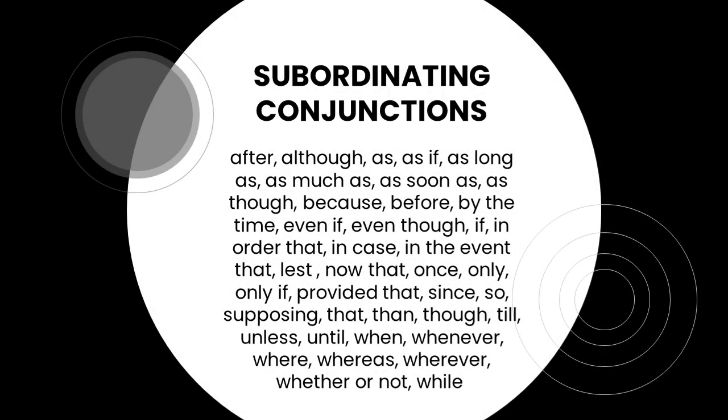And the subordinating conjunctions: after, although, as if, as long as, as much as, as soon as, as though, because, before, by the time, even if, even though, if, in order that, in case, in the event that, lest, now that, once, only if, provided that, since, so that, supposing that, than, though, till, unless, until, when, whenever, where, whereas, wherever, whether or not, and while are some examples of subordinating conjunctions.